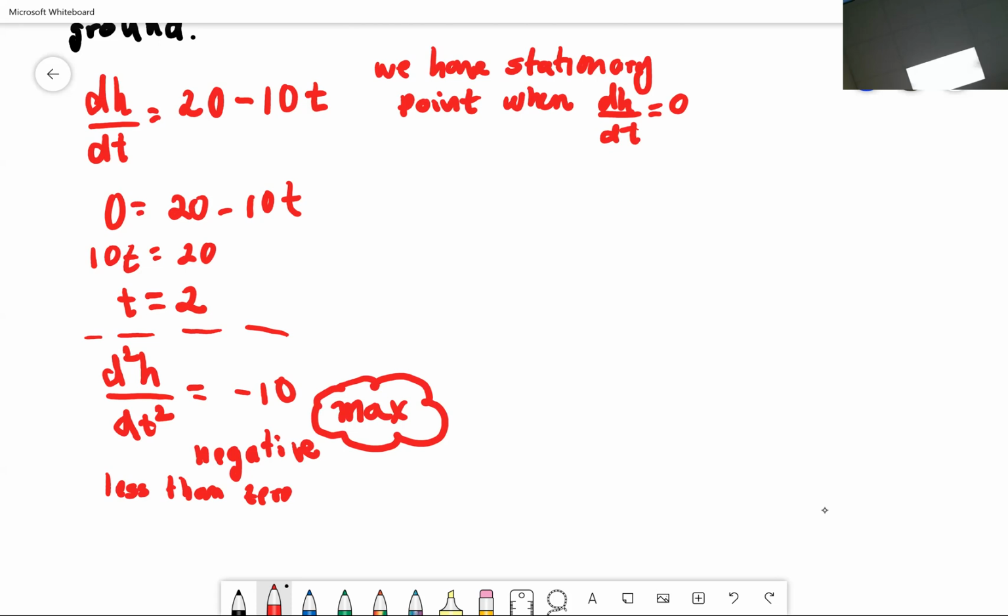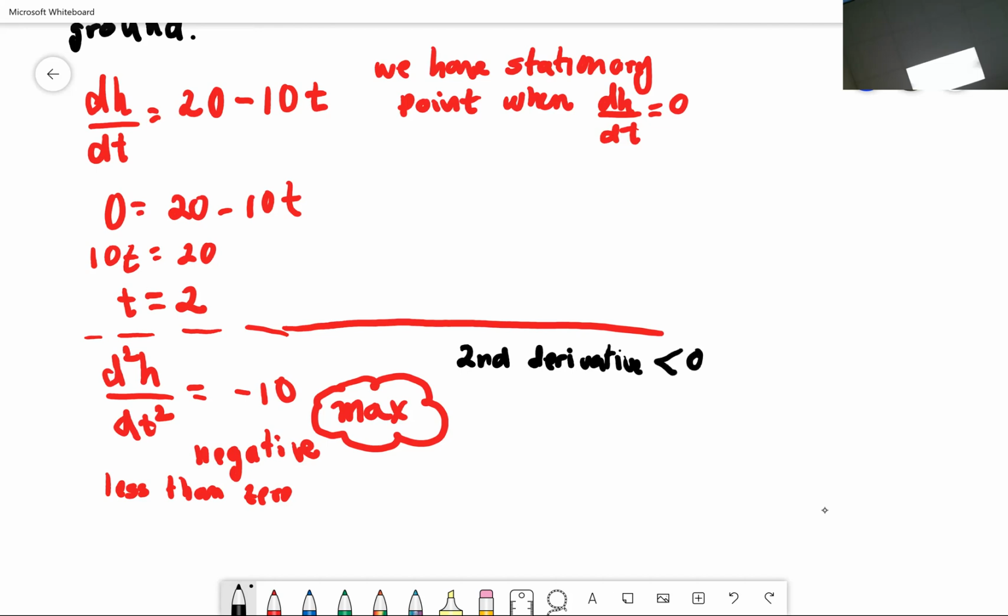Okay? So remember, if the second derivative is less than 0, we have a max. If it's greater than 0, we have a min.